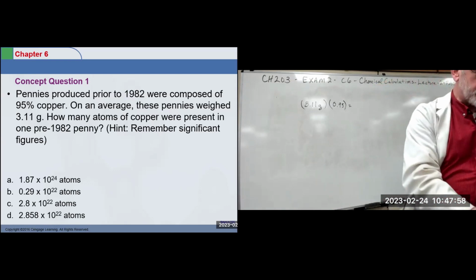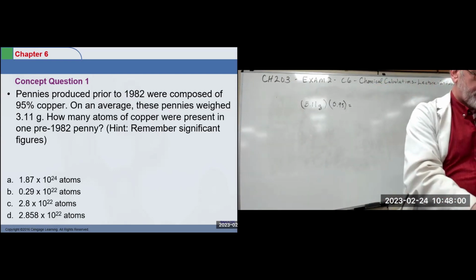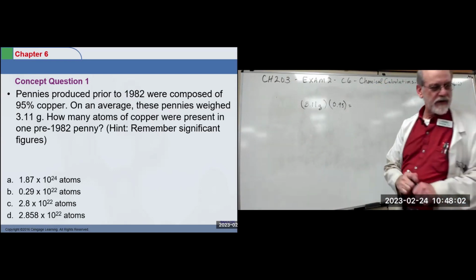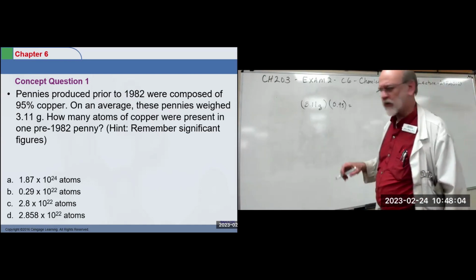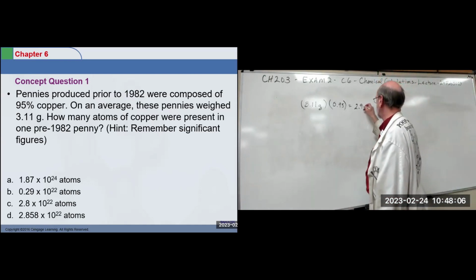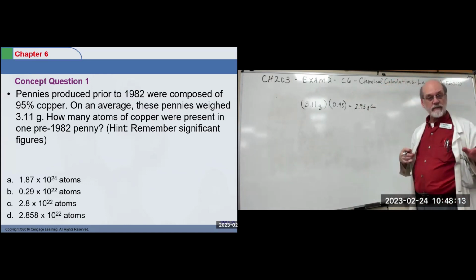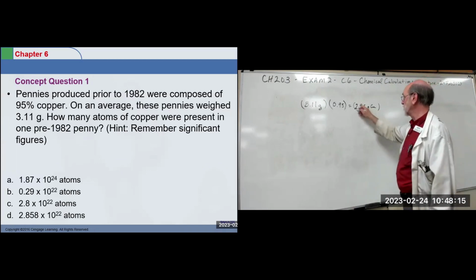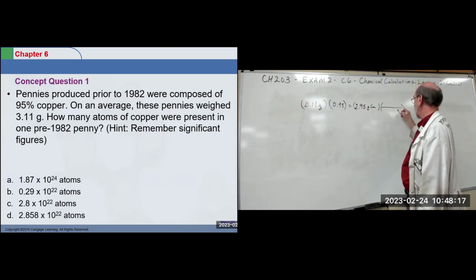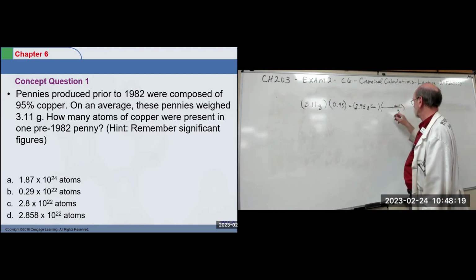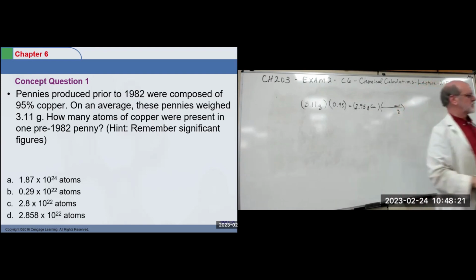So we'll do that one first. 2.95 grams. So that's how many grams of copper you have. From there on, how many atoms? It's just convert grams of copper to moles.